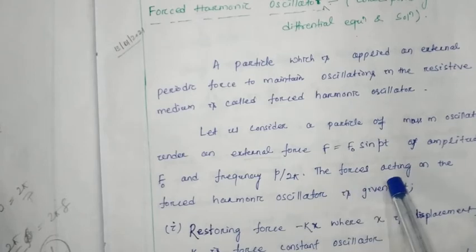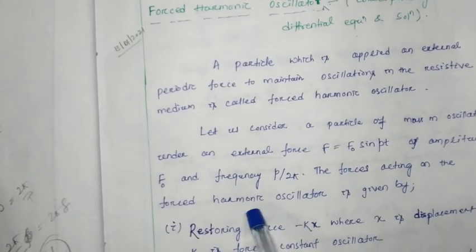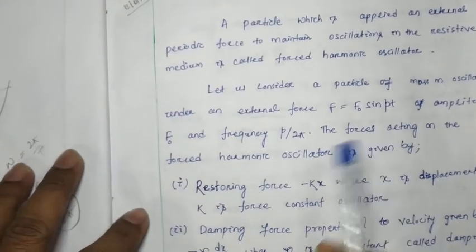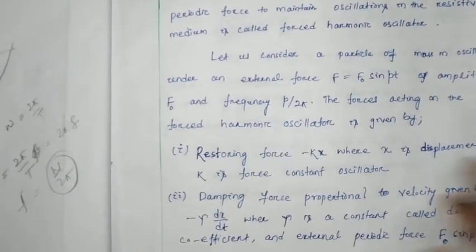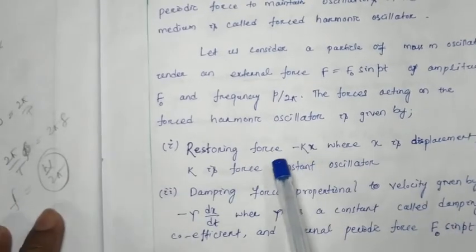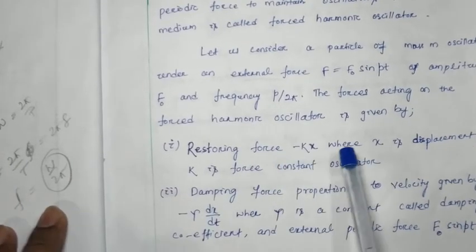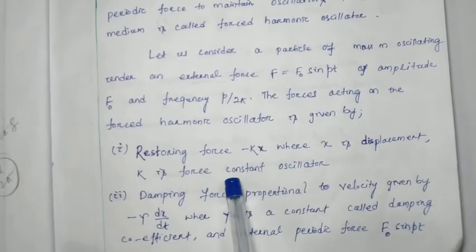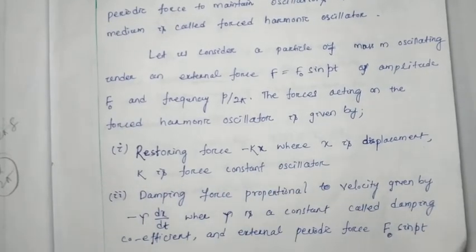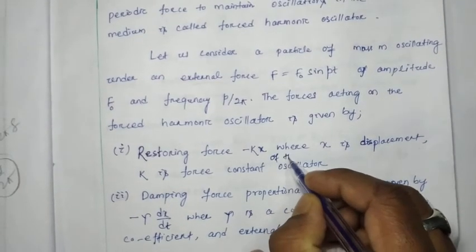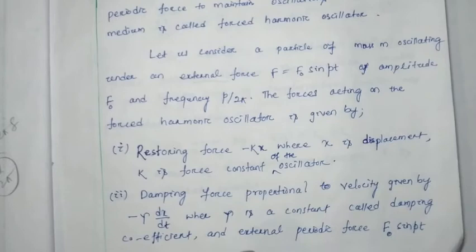The forces acting on the forced harmonic oscillator are, first, the restoring force, that is minus kx, where x is the displacement and k is the force constant of the oscillator.